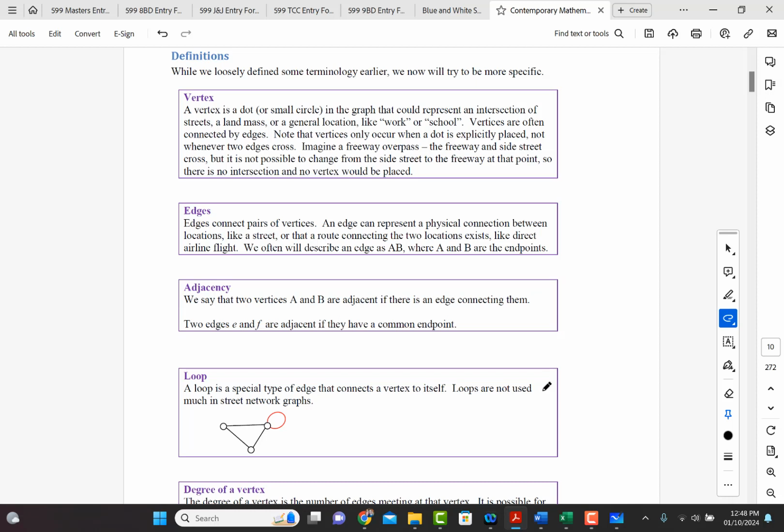Okay, the next definition is a loop. Now, again, you may have a special type of edge called a loop. So a loop is a special type of edge that connects a vertex to itself. Loops are not used much when we talk about street network graphs. Okay, but you'll see them in other types of graphs that we'll discuss later.